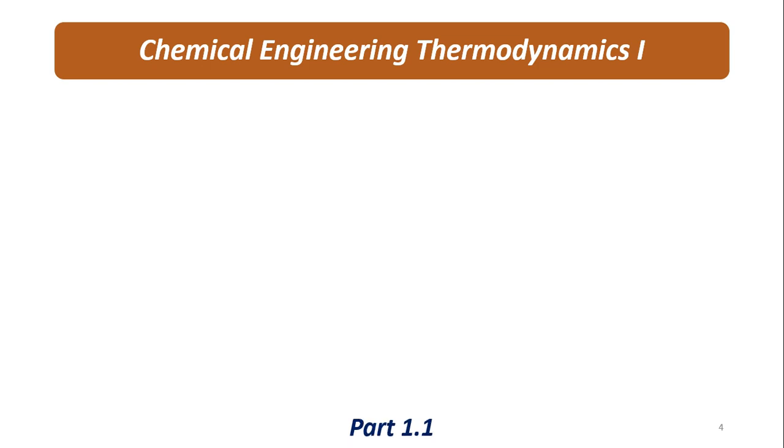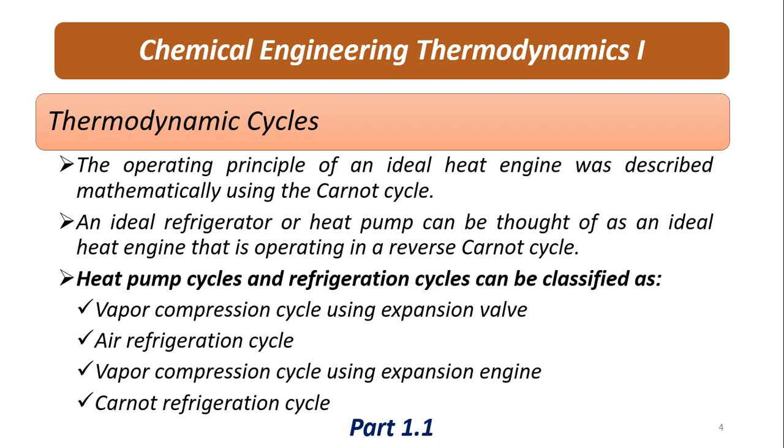So let's see the thermodynamic cycles. The operating principle of an ideal heat engine was described mathematically by using the Carnot cycle. So the Carnot cycle is an ideal cycle which explains thermodynamic systems, especially under the second law of thermodynamics.